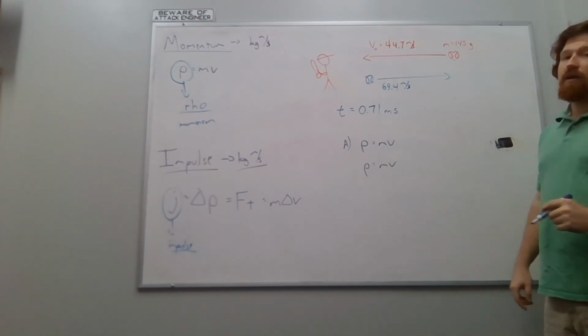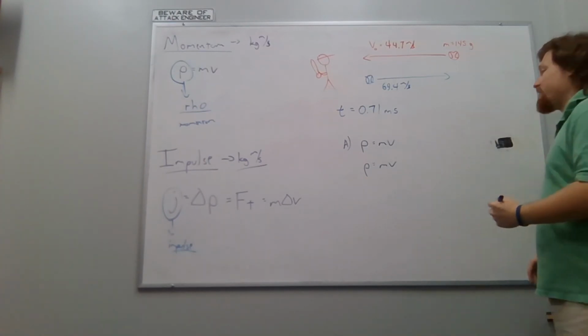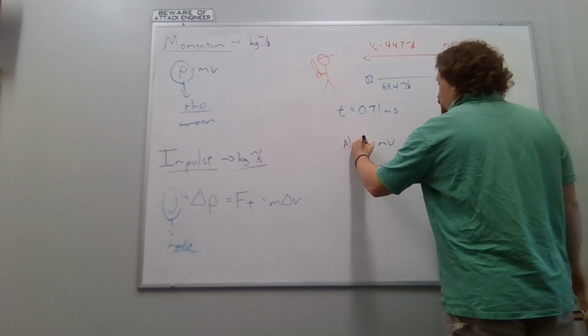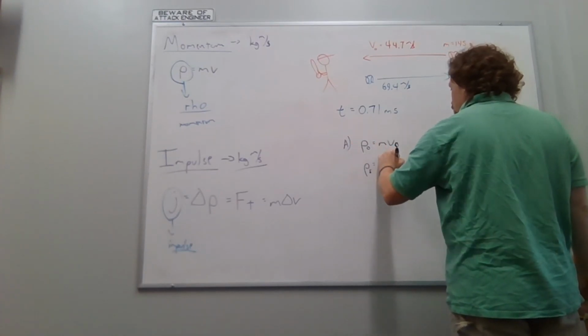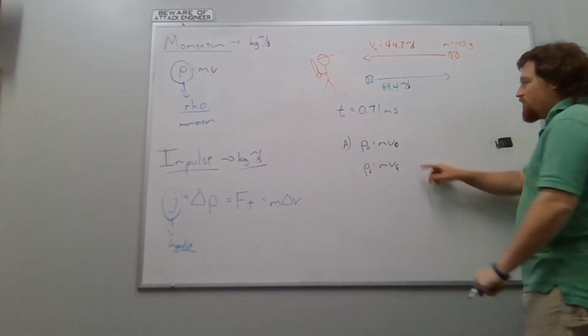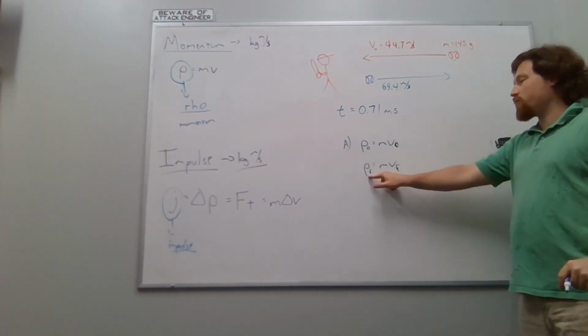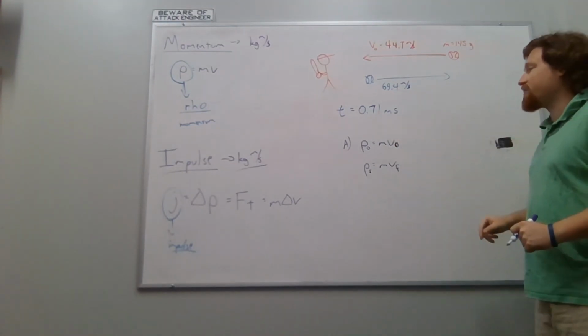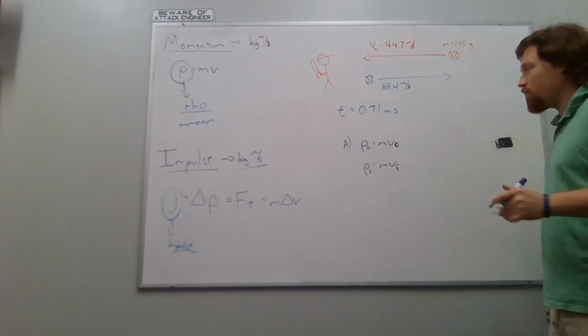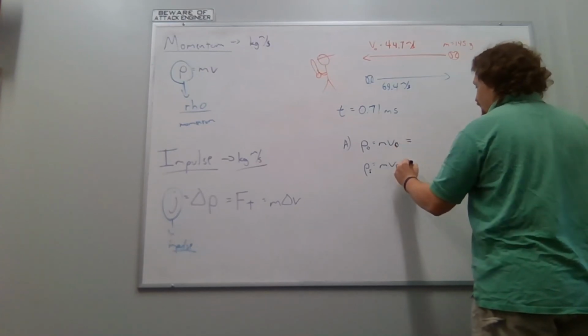In both scenarios, the ball has the same mass. So for both of these, both initial and final, I've added subscript zeros for initial and subscript F for final. In both of these scenarios, mass is going to remain identical because it's the same ball, nothing happened to the ball's mass.